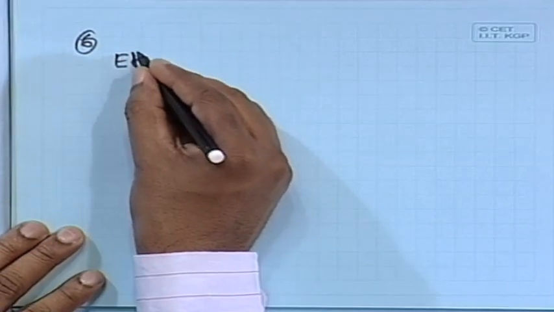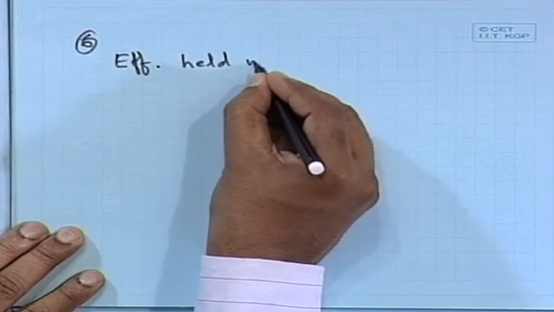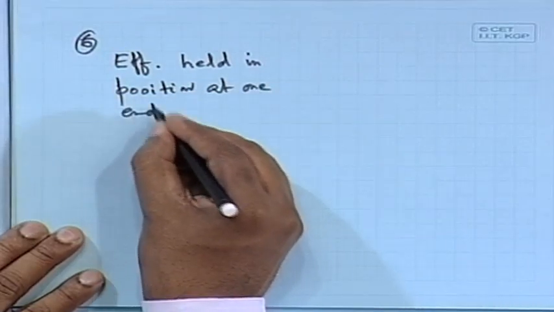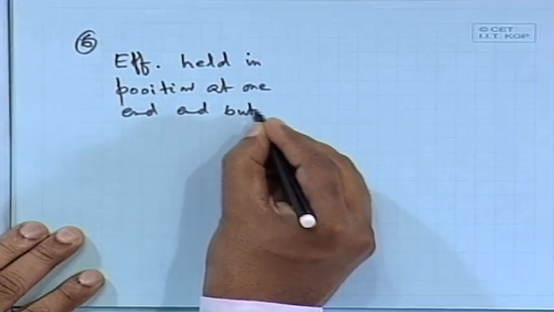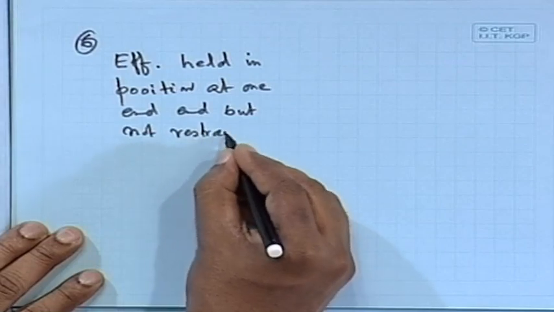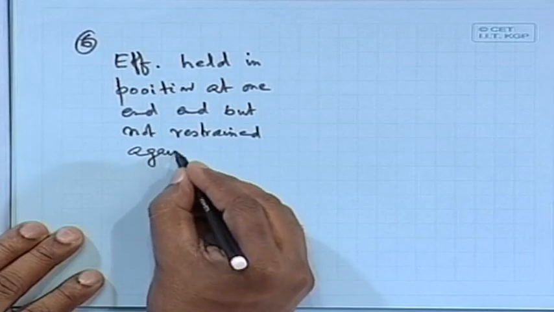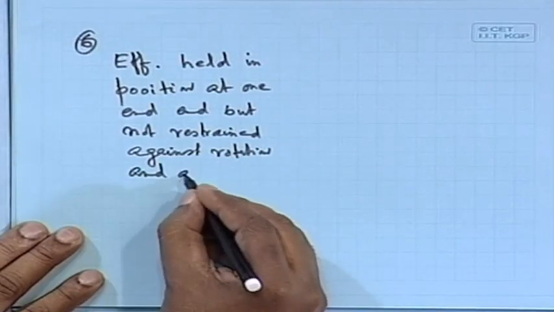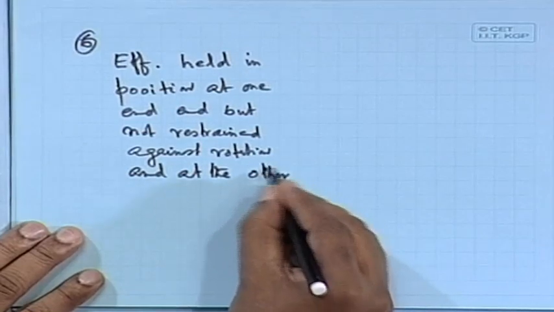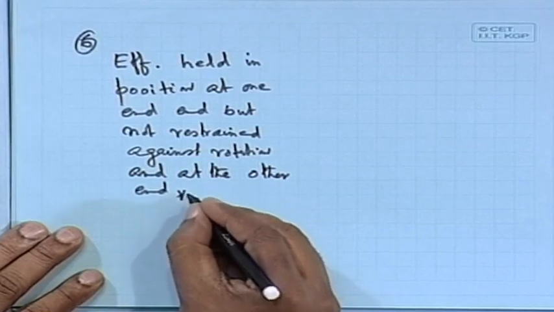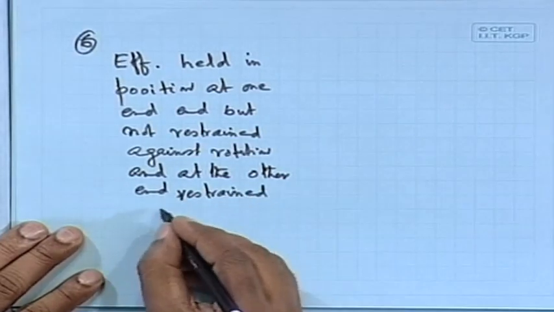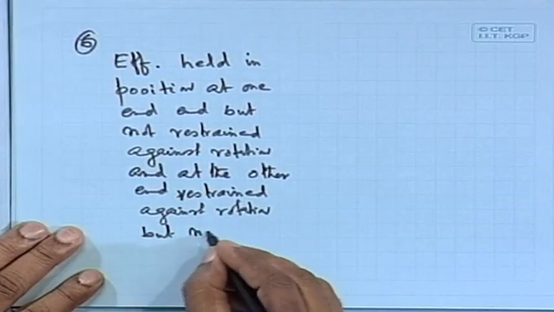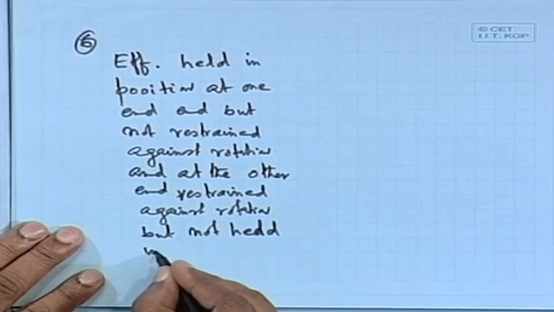The sixth one: effectively held in position at one end but not restrained against rotation, that means it is hinged, and at the other end restrained against rotation but not held in position.